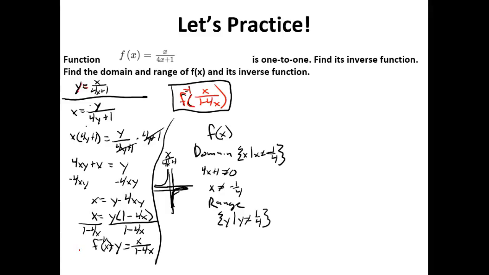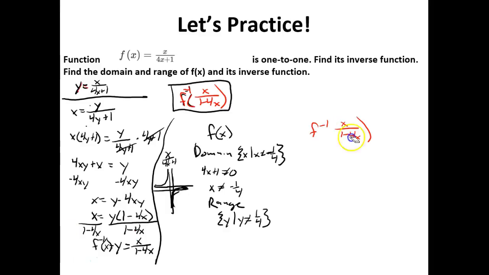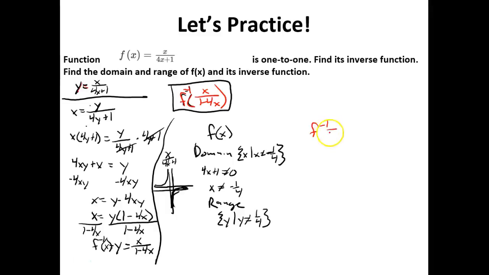Then let's take a look now at the inverse. The inverse function is equal to x over 1 minus 4x.